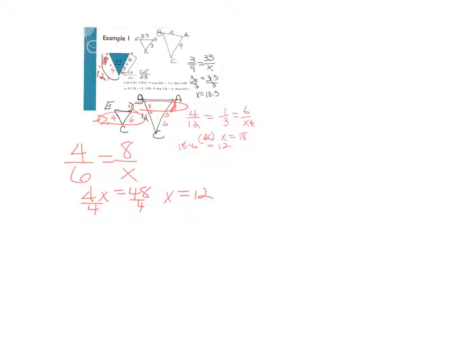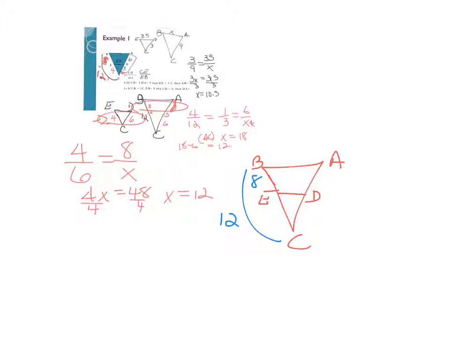Okay, so I have the original triangle, B, A, C, E, D. Okay, so for this one, it said that CB was 12, EB was 8. So we already established that we could do 12 minus 8 and find the value of CE to be 4. We were also given that CD was 6.